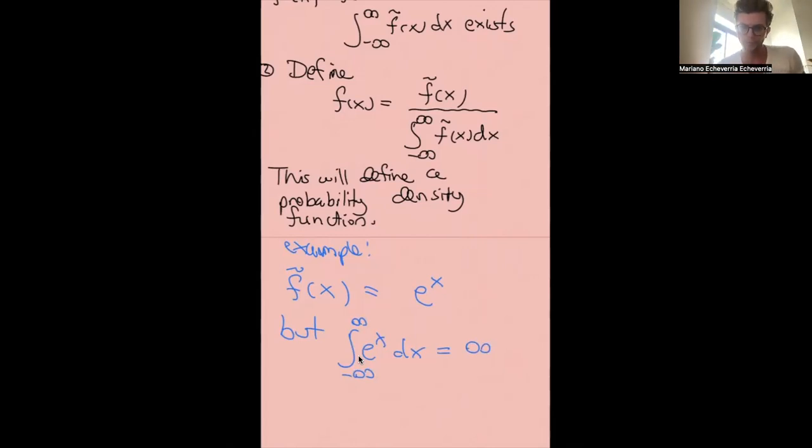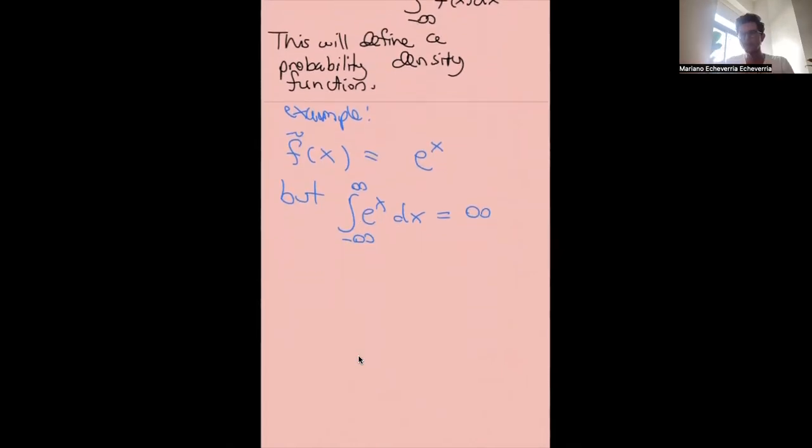Let me fix it in two ways. The problem with the exponential is that it grows infinitely fast in one direction, and that's why the improper integral cannot exist. What you can do instead is modify it a little bit.